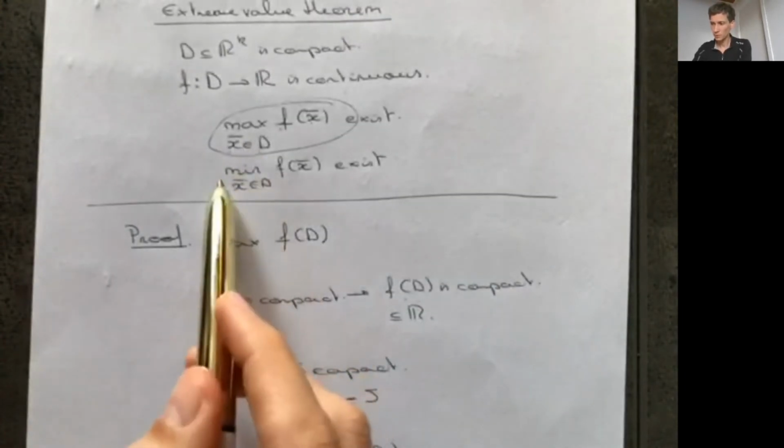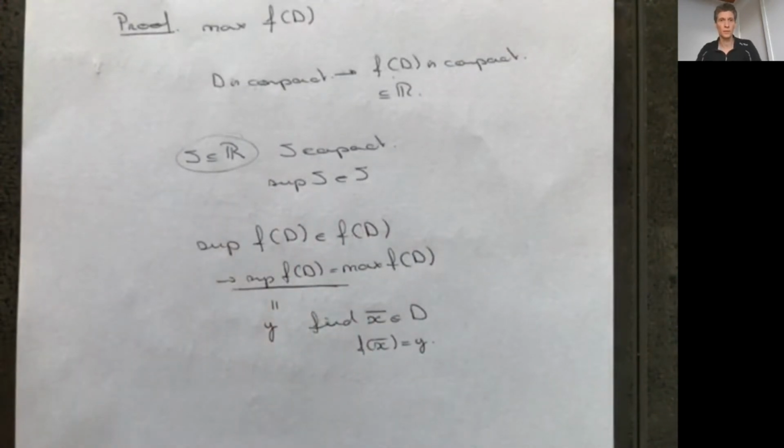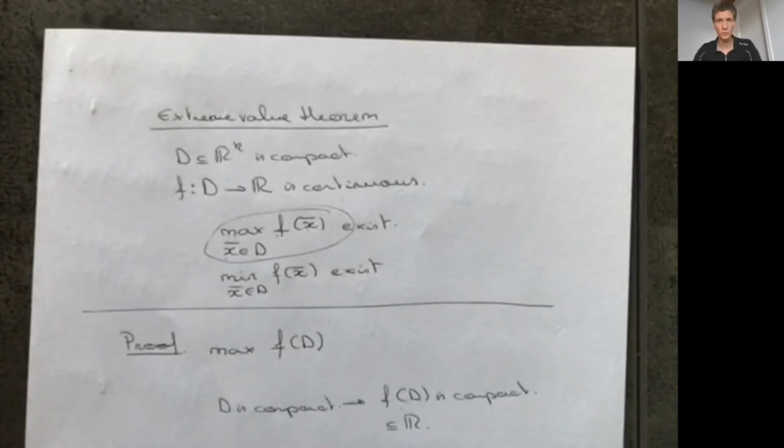You can do a similar thing for the minimum: you just change the supremum to the infimum. So this shows the extreme value theorem, which is a very valuable theorem. Basically, any continuous function on a compact domain reaches a maximum and a minimum on the domain.